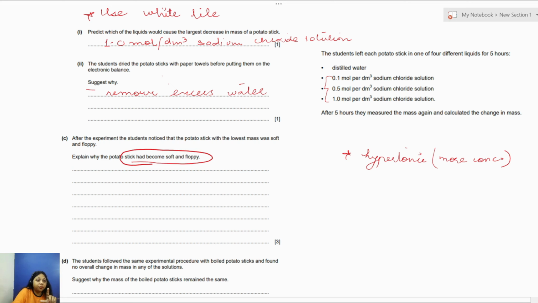Wait, we have written over here there is the largest decrease in the mass. There is a decrease in the mass, lowest mass. So what would happen if the mass lowered? Yes, you have to tell the complete process.